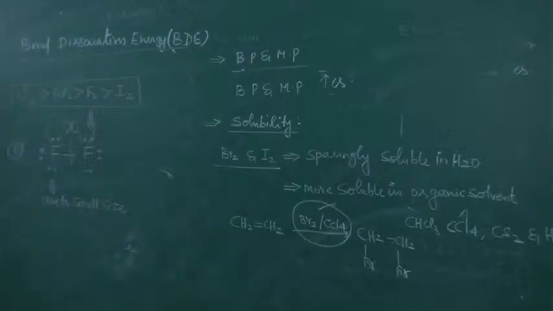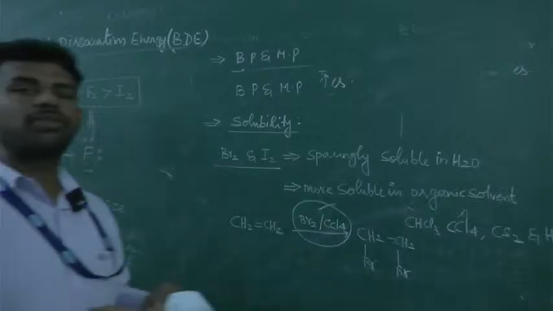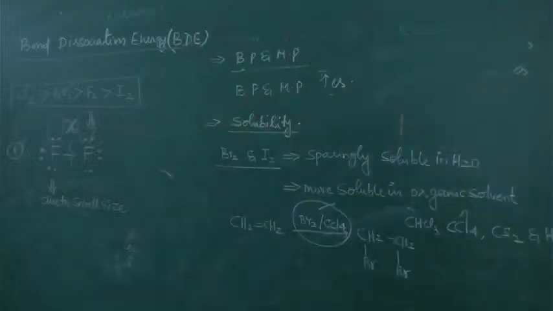That's why it has a less bond dissociation energy when compared to Cl2. Okay, so please note this. In the diagram, draw the large electron repulsion in the case of F2. You should be able to correlate.